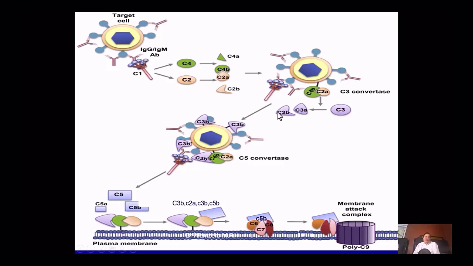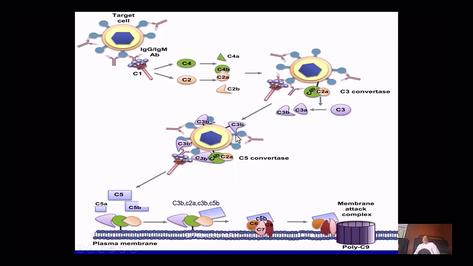The activated C3b then attaches with C4b and C2b and makes a complex. The C3b, C4b, and C2b make a complex which is called C5 convertase.